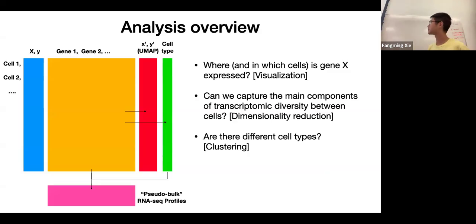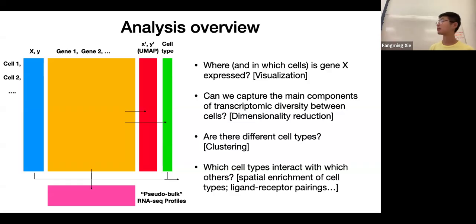And after clustering, after getting the cell type label, we can do pseudobulk to identify the cluster centroid for each cluster. So that's another thing we're going to do today. And as a bonus, you can feel free to explore once we get the cell types: can we ask which pairs of cell types interact more in space than others?